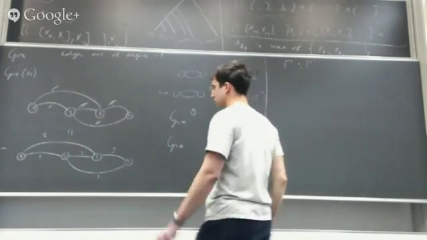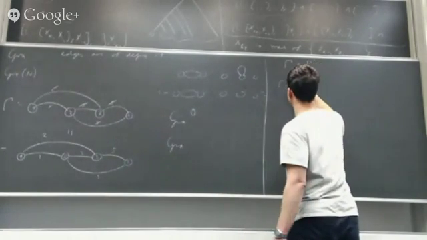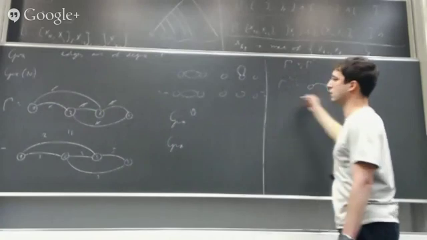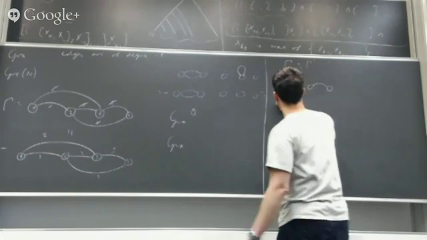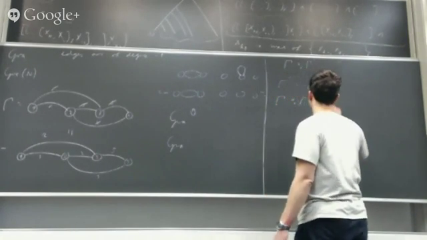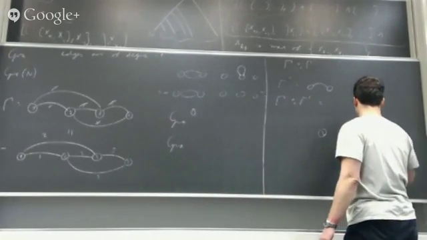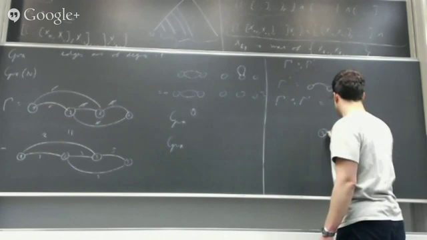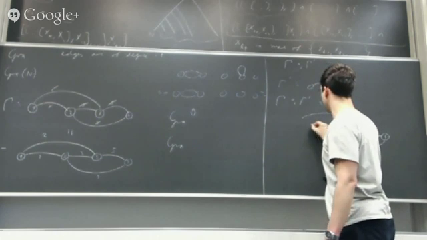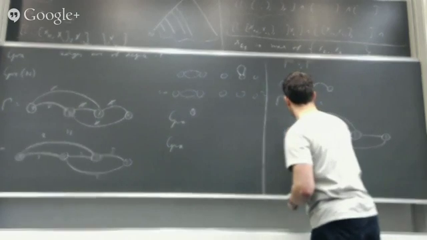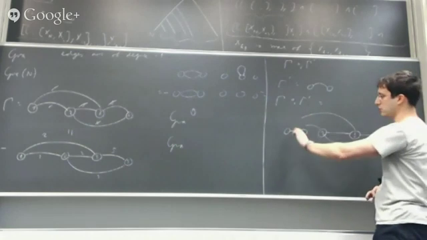For example, let's say this is gamma, and I want to put gamma prime, this thing, in slot 1. So gamma composed at 1 with gamma prime will be, so this was 2, 3, 4, edge here, here, here, but here I put this. And now I connect this in all possible ways to these two.